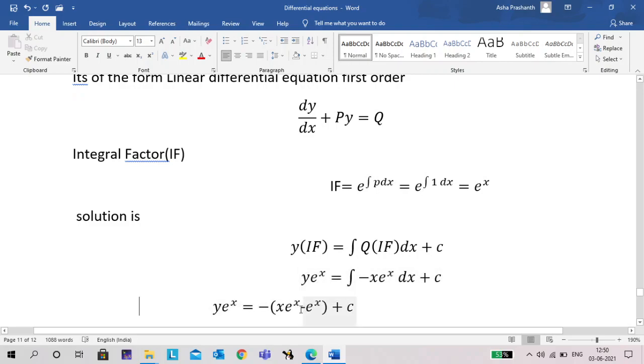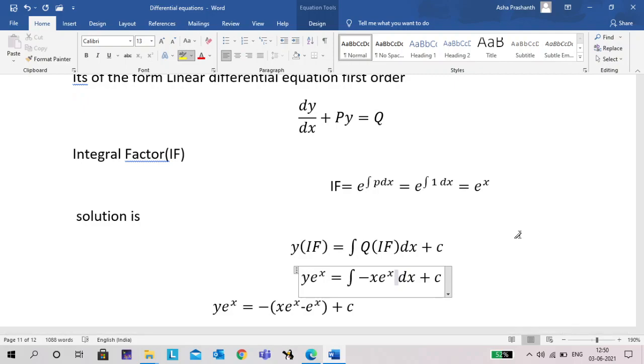So y e power x equals... here we have a uv form, right? This is uv form. So it is u into integration of v minus integration of the differentiation of u into the integration of v.